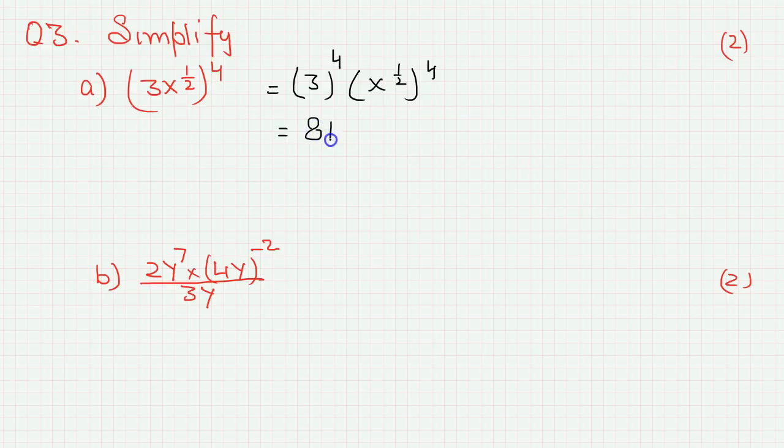So 3 to the power 4 is 81 and x to the power 4 multiplied by half. So that is going to be 81x squared.